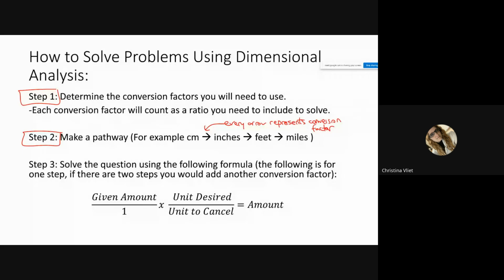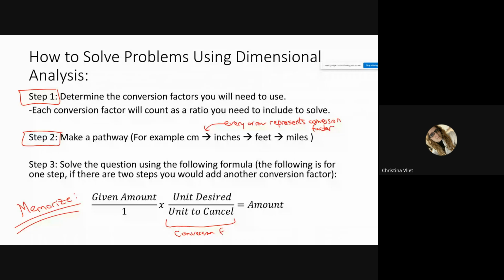And then finally, we're going to solve the question. And the formula you'll use is this. So this is something you do need to memorize for dimensional analysis. You will start by writing your given amount, whatever amount you have, with the units. And you divide that by 1. Then next to that, you multiply by each conversion factor.